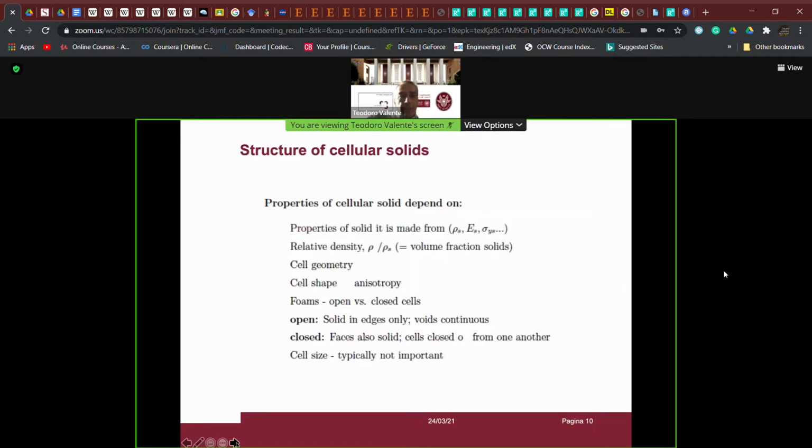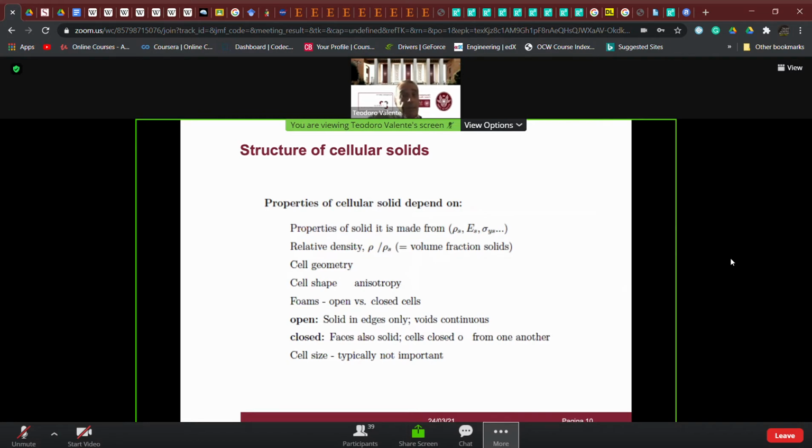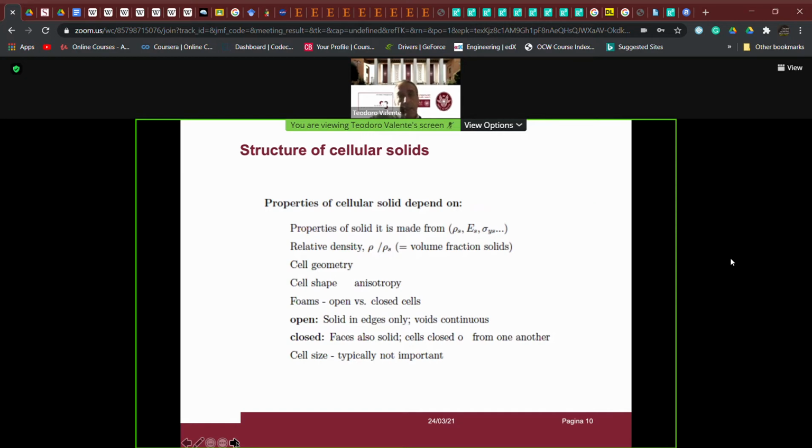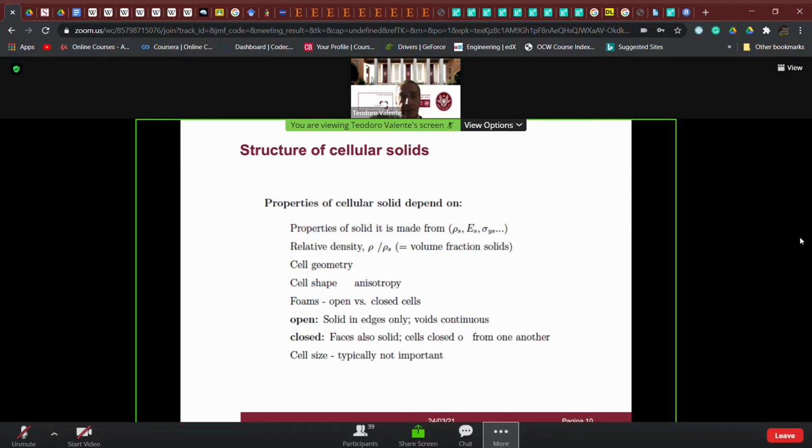So the properties of the cellular solids depend, obviously, on the properties of the base materials, such as mass density, Young modulus, when present, yielding strength, on the relative density, which is, as we will see, a very important parameter, that is the ratio between the density of the cellular solid divided by the density of the corresponding bulk material, and then on the cell geometry, which can have, as we said, open and closed solutions.